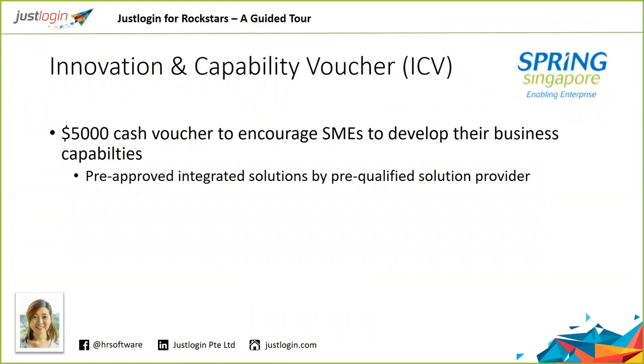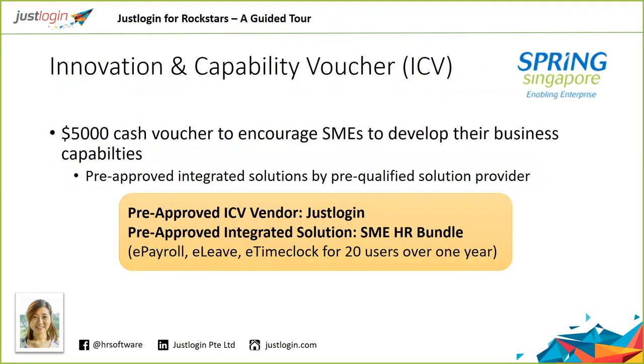Then this ICV is a very awesome voucher which can cover up to almost 100% of your cost, depending on your company size, of course. Since we are a pre-approved vendor, and if you are an SME, then it is almost 100% to get approved.